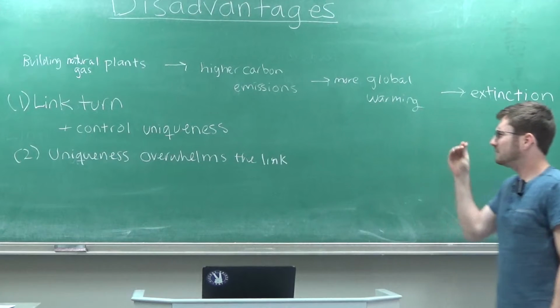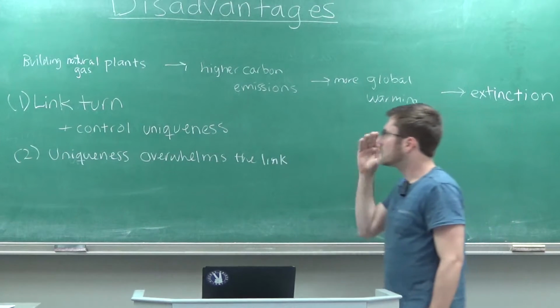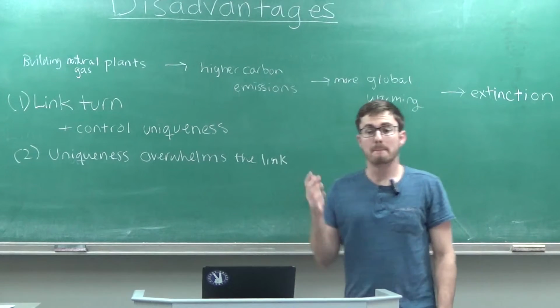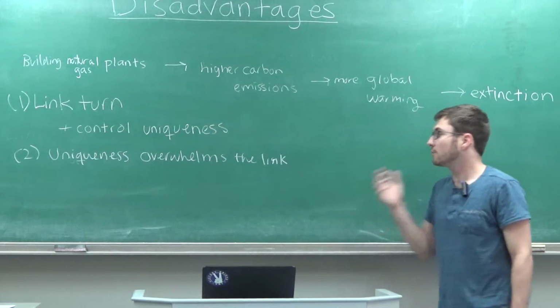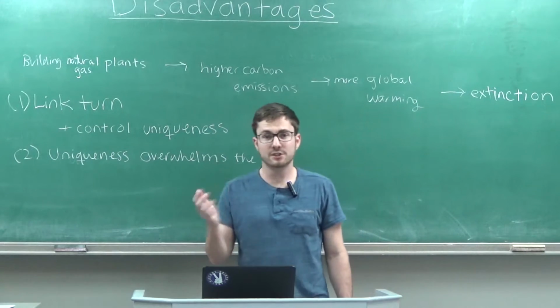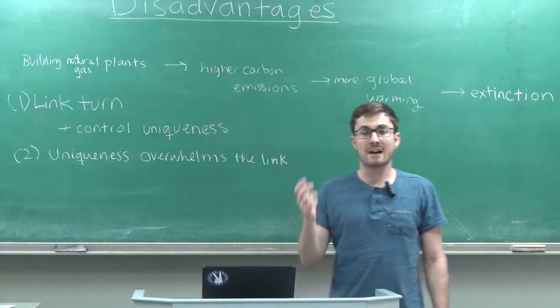Controlling uniqueness would be an explanation of why carbon emissions are very high. But uniqueness overwhelms the link would be an explanation of why the uniqueness is so true that making emissions higher doesn't actually matter.